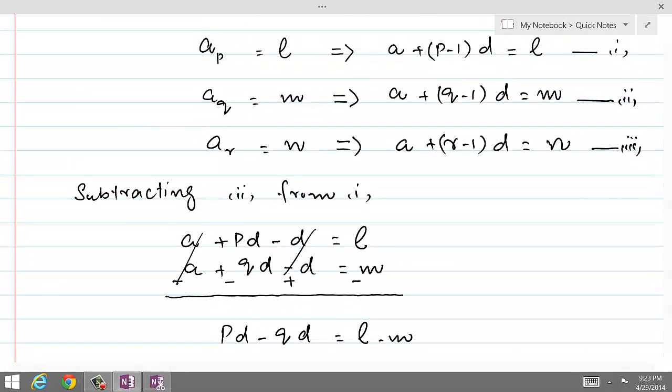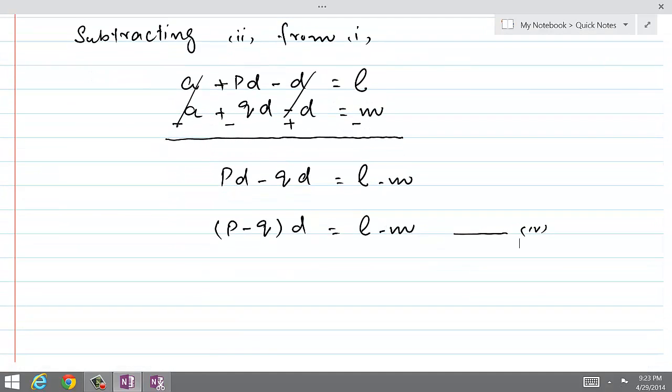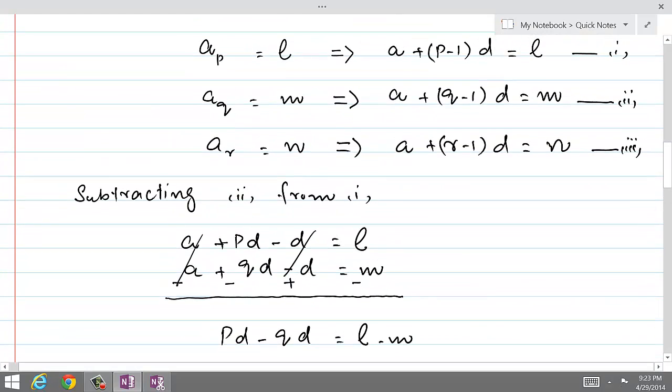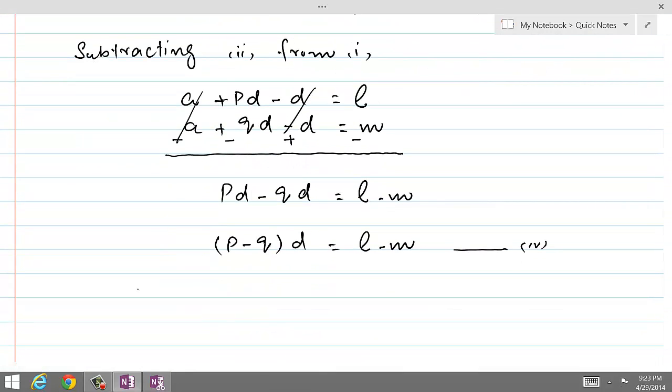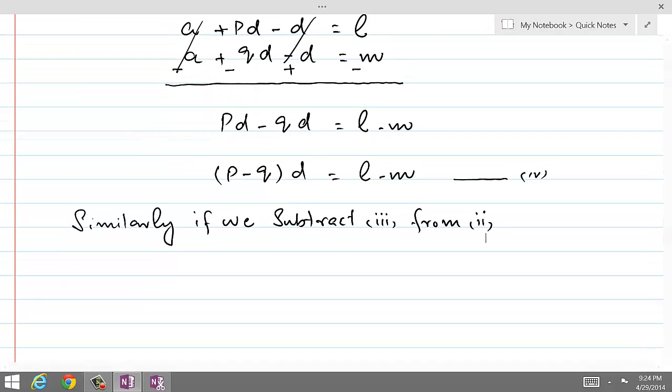Similarly, if we subtract 3 from 2, that way we can eliminate A's again.